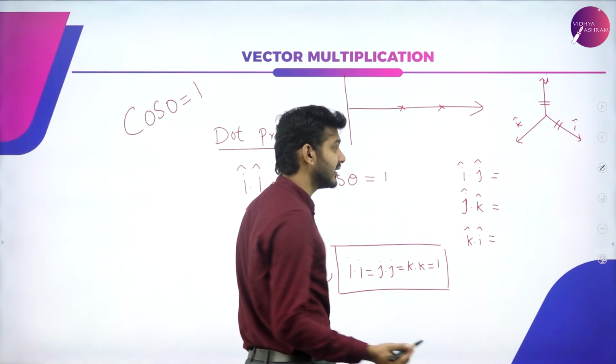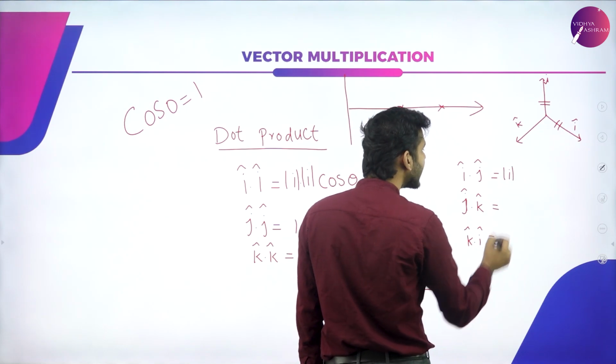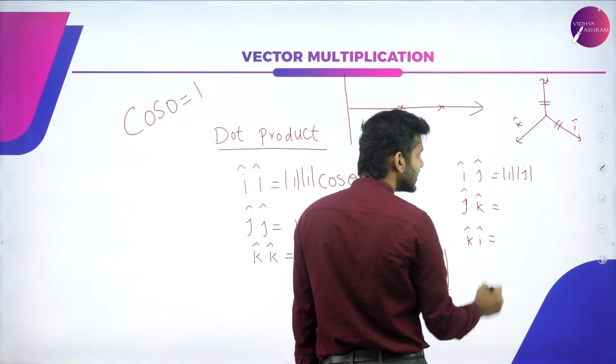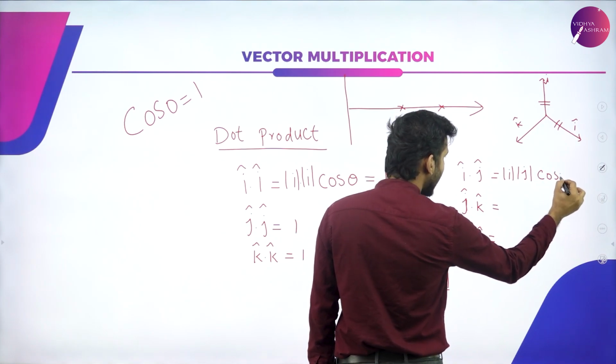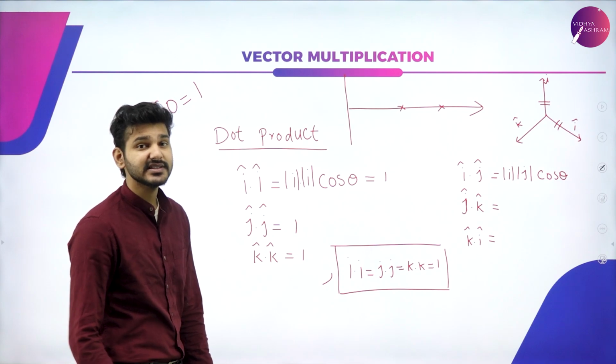So then we can write that i dot j will be equal to magnitude of i into magnitude of j into cos of the angle between them. Here the angle between them is 90 degrees.